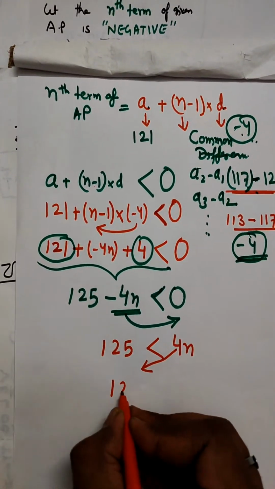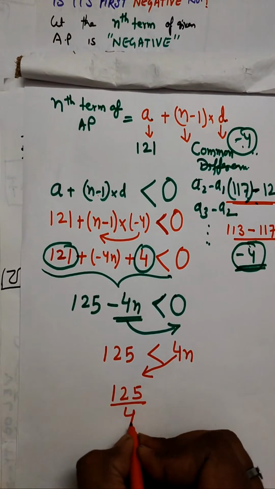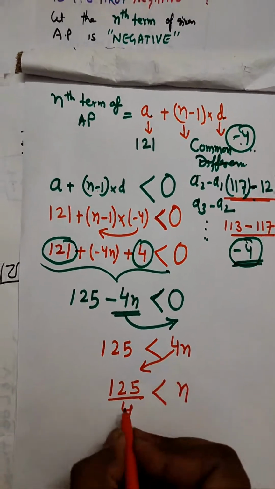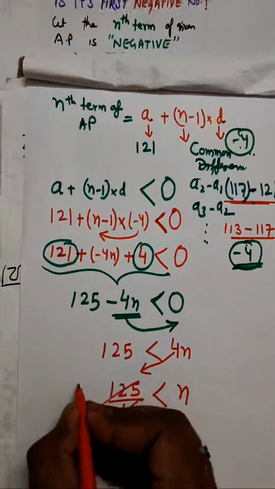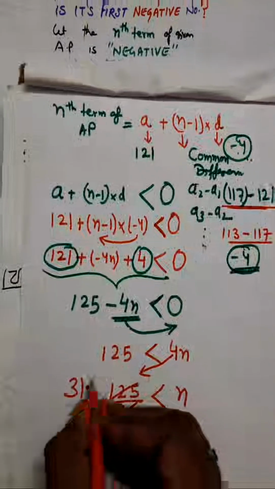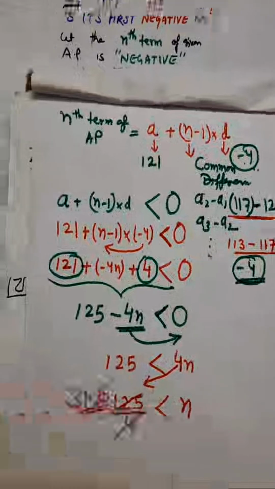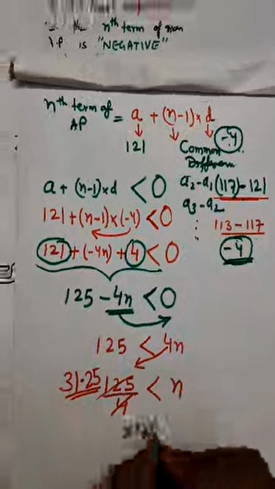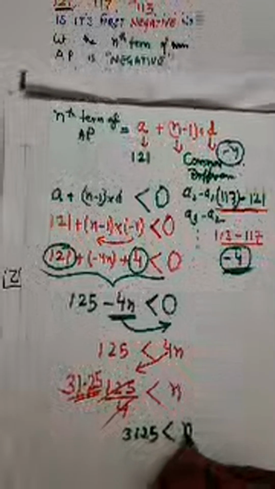Then we are left with 125 by 4, which is less than n. Now calculate it: 4 times 3 is 12, and so on, which gives 31.25. The next natural number after 31.25, what is that? It is 32.